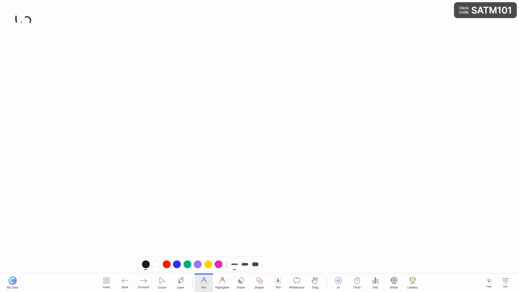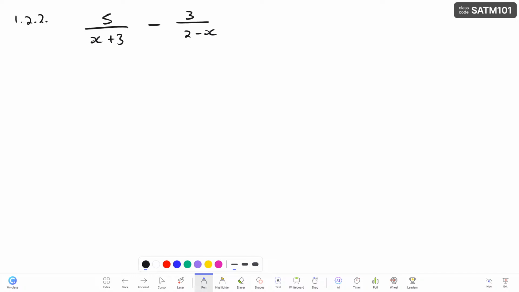It's 1.2.2. We're given 5 over x plus 3 minus 3 over 2 minus x. For this one, the first thing that you need to do is to check the LCD.